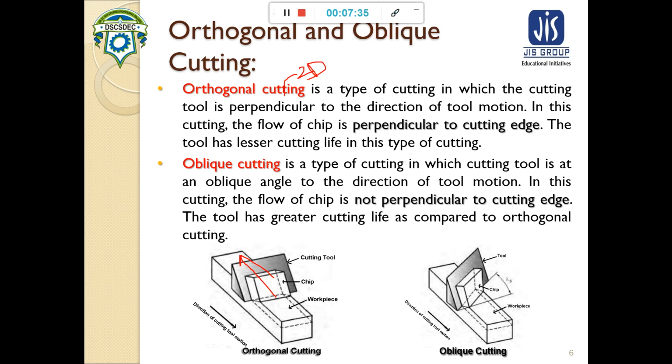While in oblique cutting, what has happened? There is an inclination between the direction of the cutting tool and the direction of the tool motion. So this is the direction of the tool motion, and this is the orientation of the cutting tool.